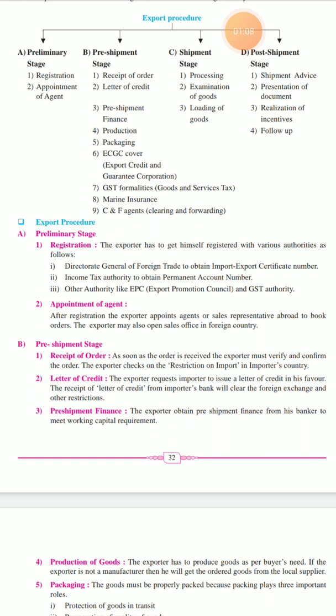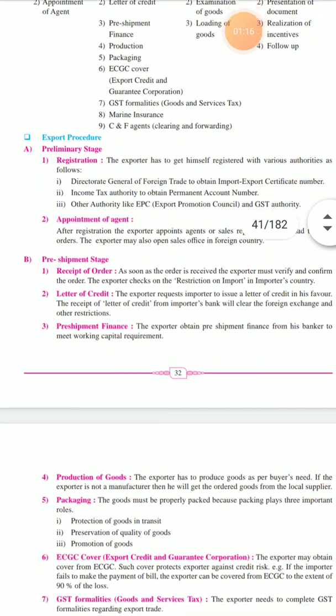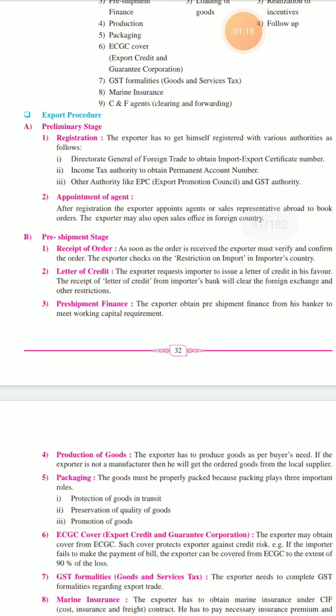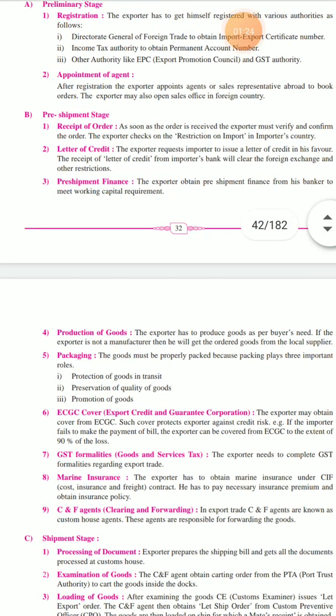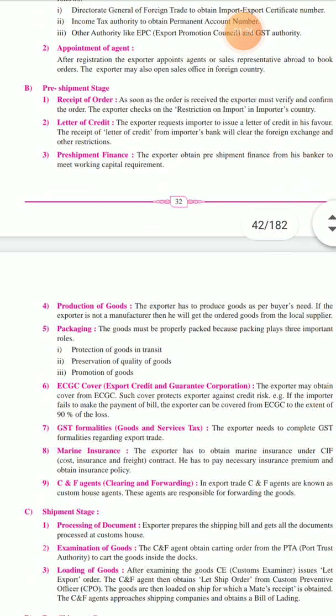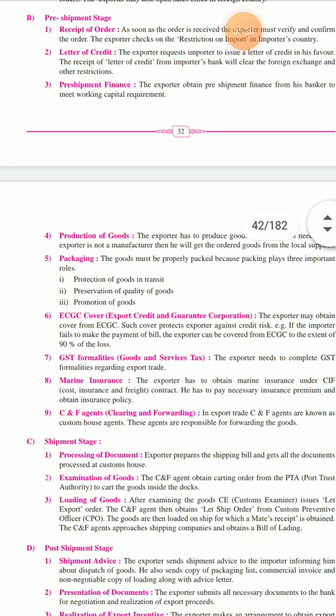In that you first have to receive an order, that is receipt of order, letter of credit, pre-shipment finance, production of goods, packaging, and then ECGC cover, that is Export Credit and Guarantee Corporation, then GST formality, that is goods and service tax, marine insurance and clearing and forwarding agents. So these are the steps which you have to clear before you ship your product.